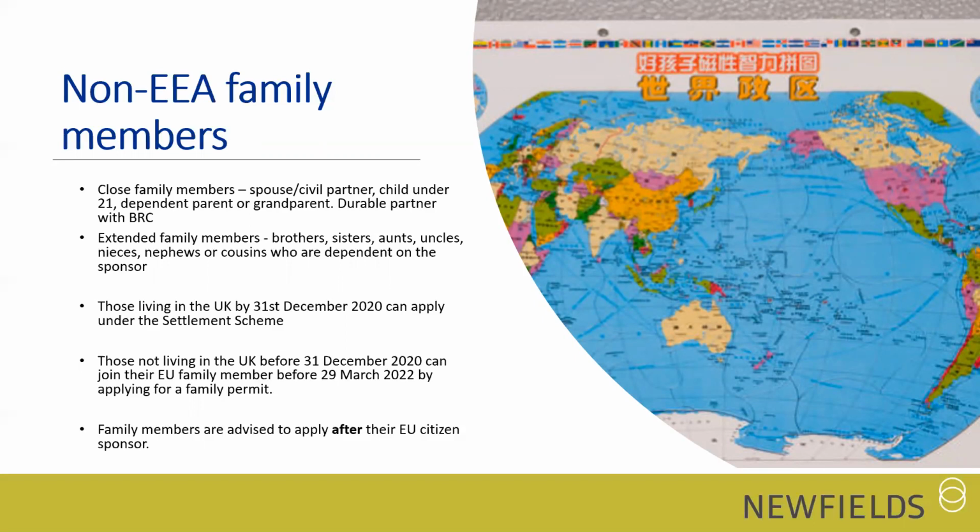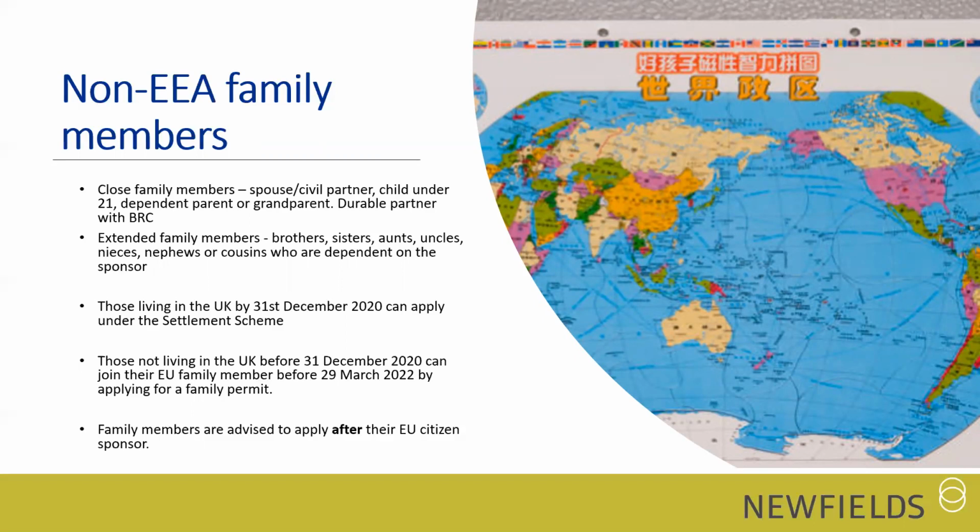So a durable partner is somebody who is not married but living in a relationship akin to a marriage. Generally, the Home Office look for people to have been living together in a relationship akin to a marriage for at least 2 years, unless there is other significant evidence of that relationship subsisting.